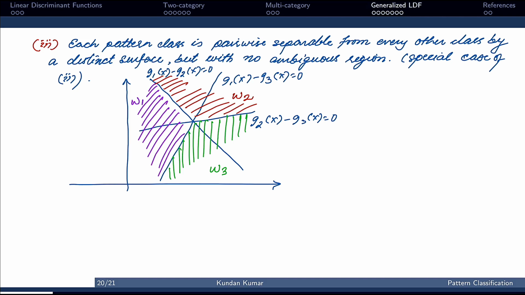So you can notice here that we don't have any ambiguous region.